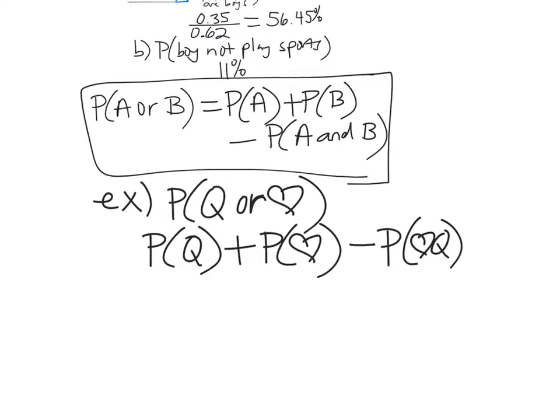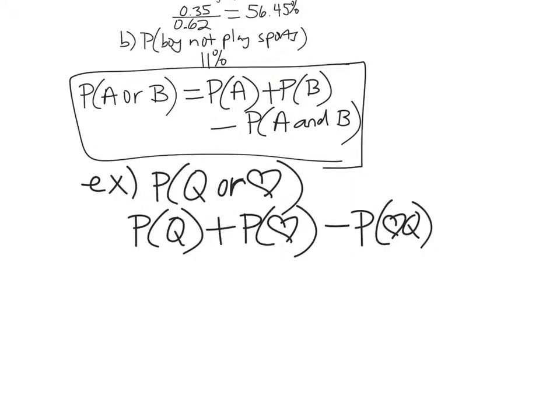Okay, so what's the probability of getting a queen? 4 out of 52. Perfect. What's the probability of getting a heart? Do you know how many hearts are in a deck? 13 out of 52. Well, guess what I just did? I added up the queen here, and then I added the queen again. Do you see that?